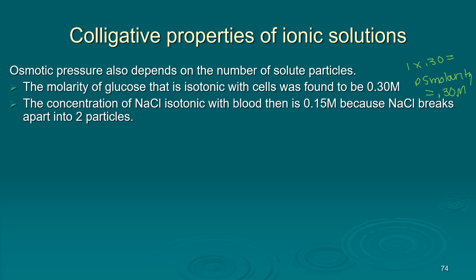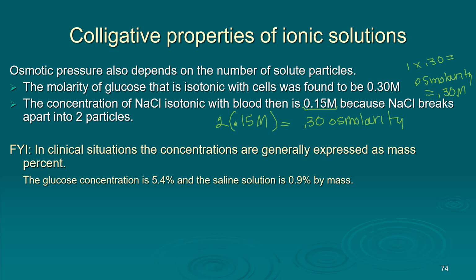But if it's saline, sodium chloride isotonic with blood would be 0.15 molar, because NaCl breaks apart into 2 particles. So 0.15 molar times 2 particles gives an osmolarity of 0.3. So we need a concentration of NaCl that's half that of glucose so that our osmolarity would be the same. Just keep that in mind too.